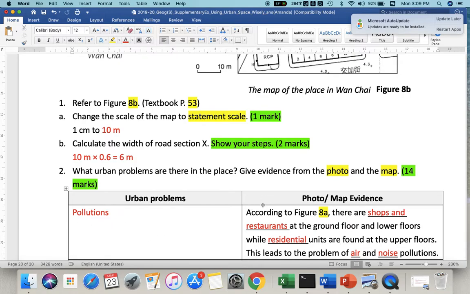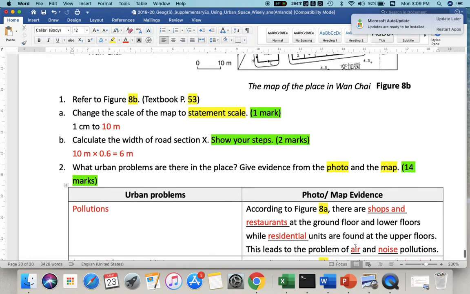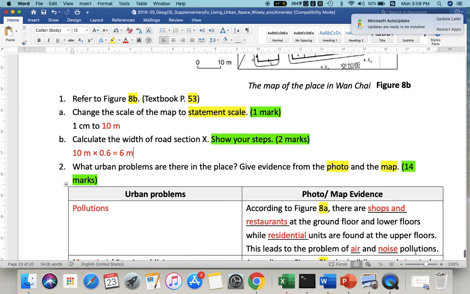Very important, write down according to figure 8a. You could see there are shops and restaurants, as I mentioned, at the ground floor or the lower floors. And on the upper floors, you could find the residential units for people to live. And this will lead to the air and the noise pollution. So the first urban problem is pollution.